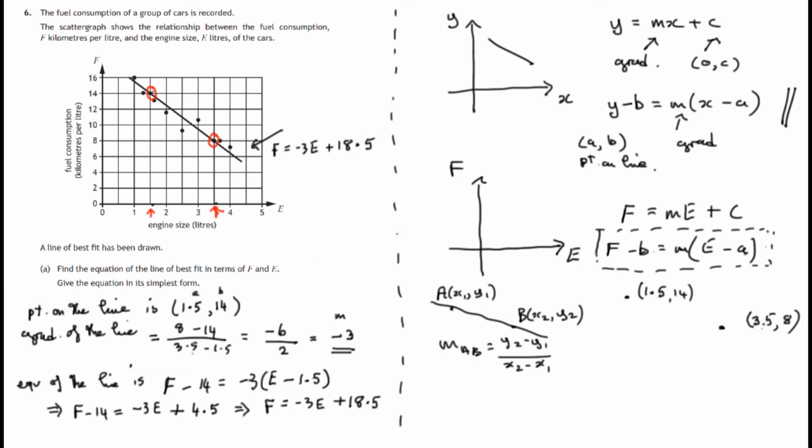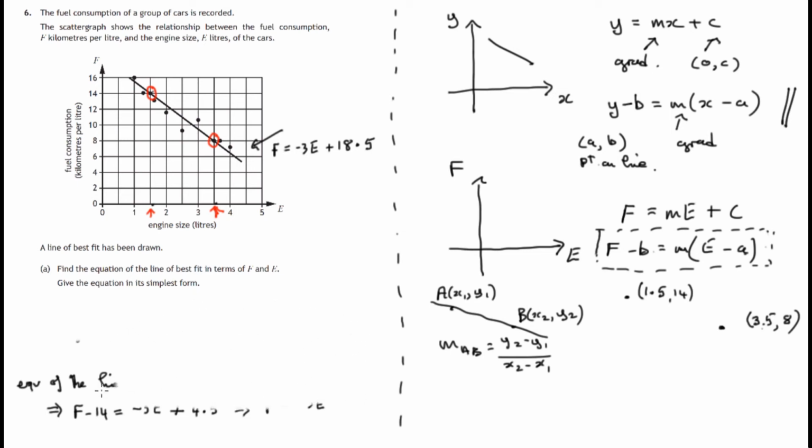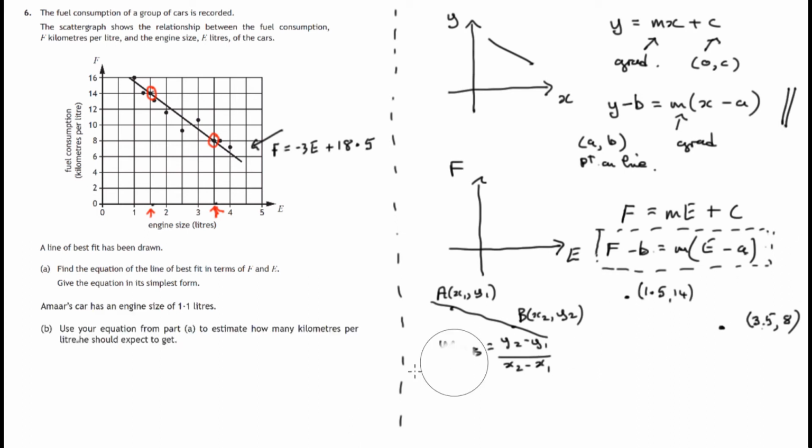So let's now have a look at part B of this question. So here we have Imar and his car with engine size 1.1 litre. And we're asked to use the equation from part A that we've found to estimate for 1 litre of petrol how far in kilometres he would go, how many kilometres per litre you would expect to get.